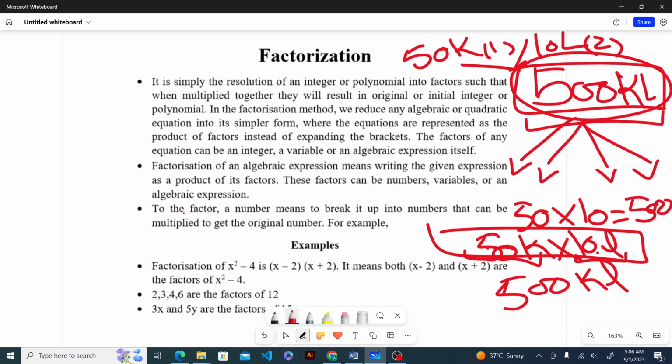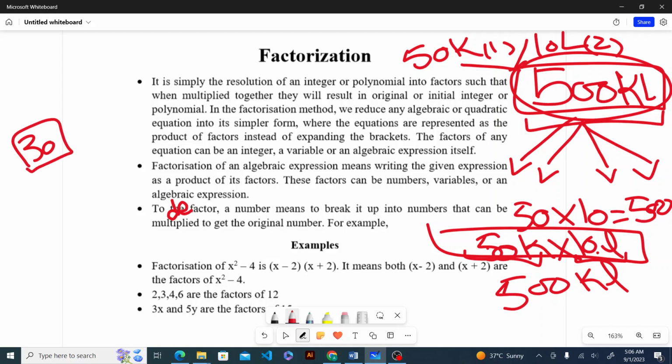Okay, so this was the concept of factorization. To factorize a number means to break it up into numbers that can be multiplied to get the original number. What we are going to do, suppose we have a number such as 30. We are going to write it in terms of its factors.